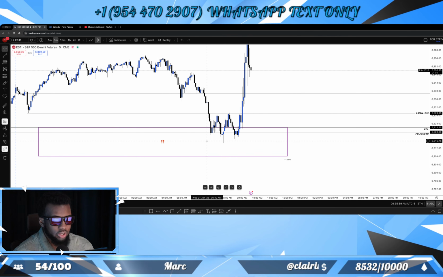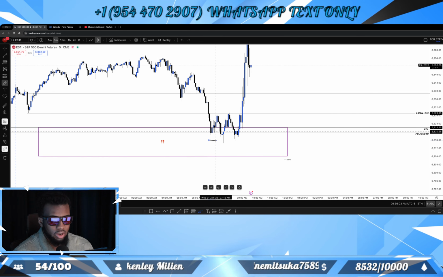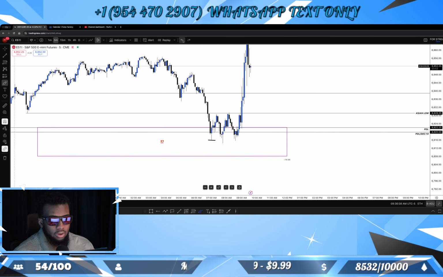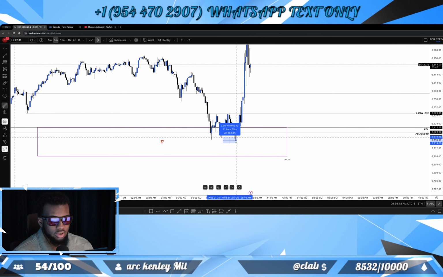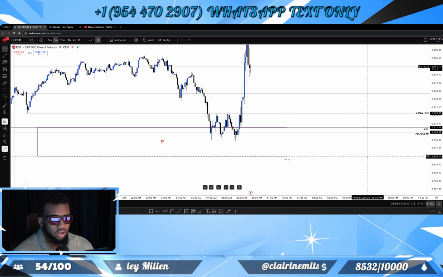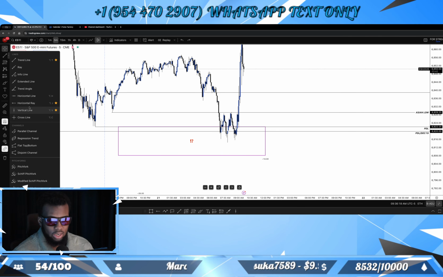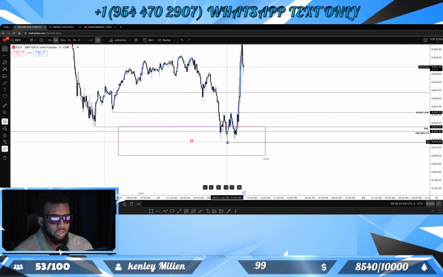And as you can see, this one looks like a fractal low in my opinion. 1, 2, and 3. And at the same time, it looks like we have created the targets basically. That's not what I want to see. Remember what happened yesterday?